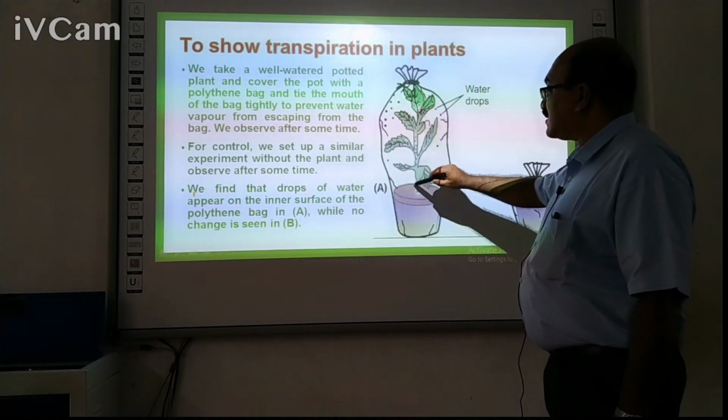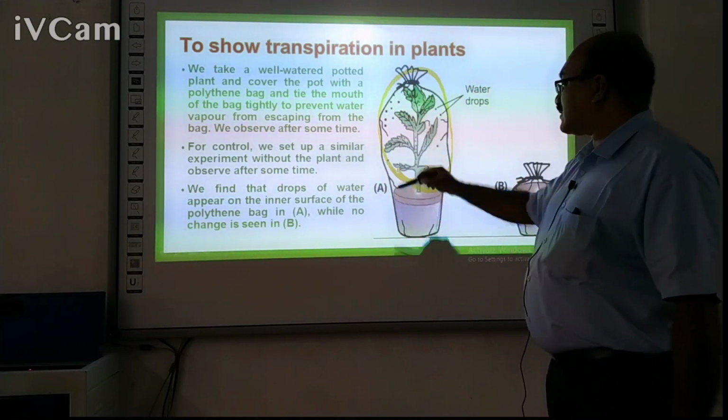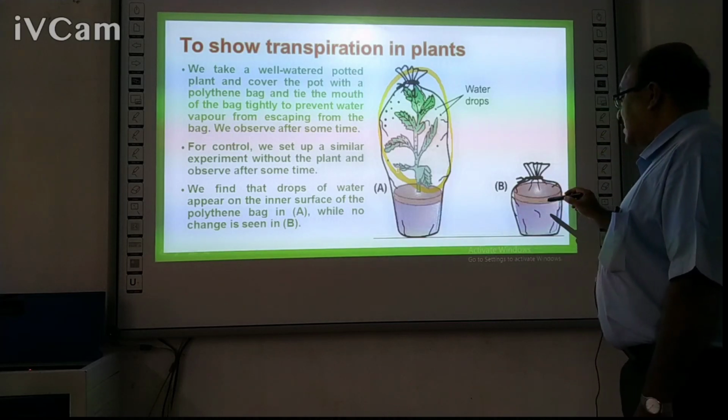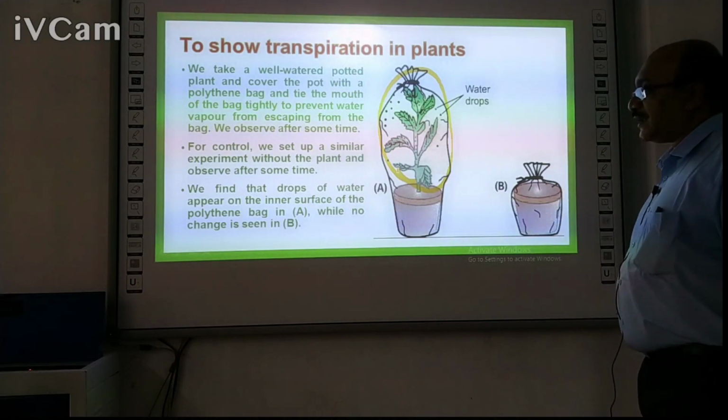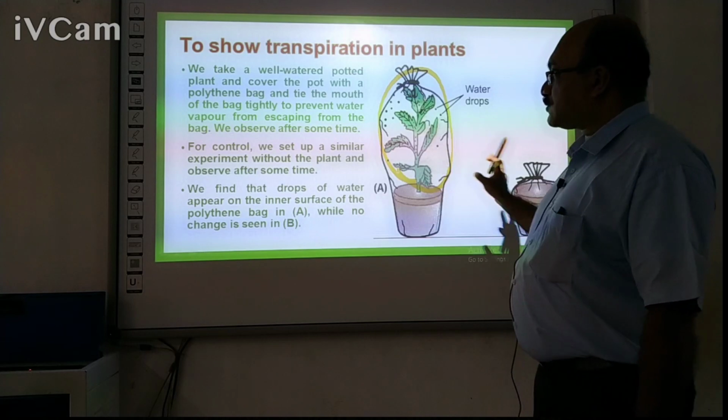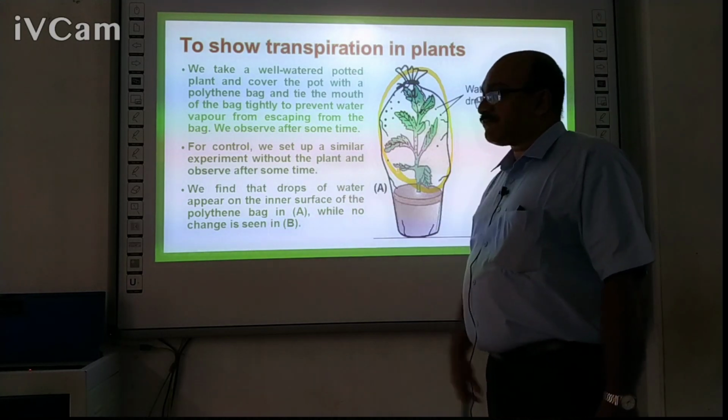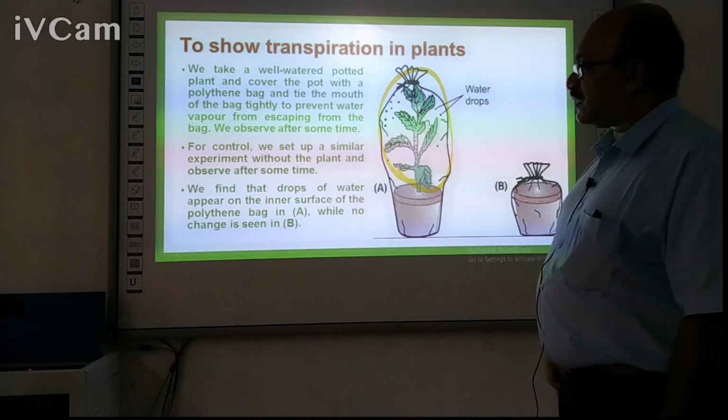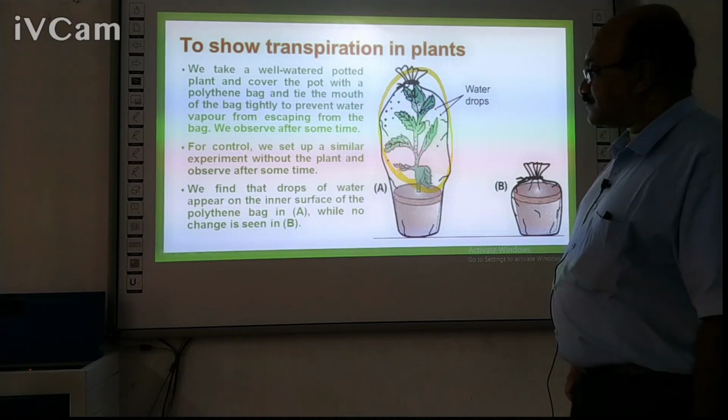See here, this is covered with a polythene bag, and then there is another pot where there is no plant. These two setups are kept outside in the sun for some time.